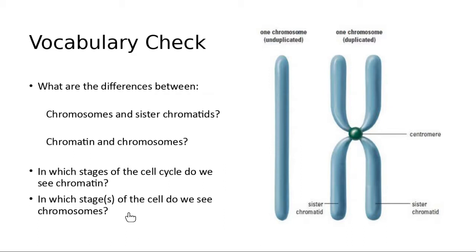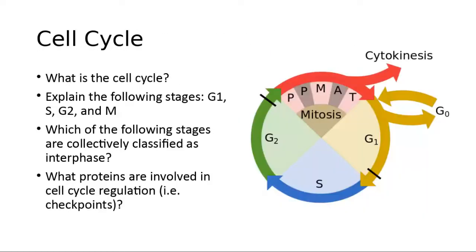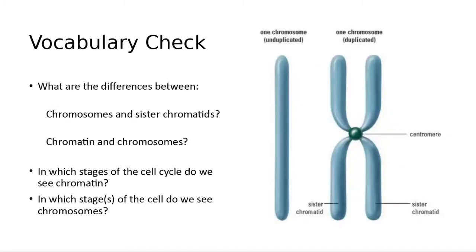So, yes, you do see it in metaphase, but you also see it just at the beginning of mitosis. So we see chromosomes starting in prophase, at the very beginning of mitosis, even until the very end. So you could just say mitosis collectively for that, because if we're talking about cell cycle stages, that would be the end stage. So if we go back to our graphic, but good, yeah. Just keep that in mind.